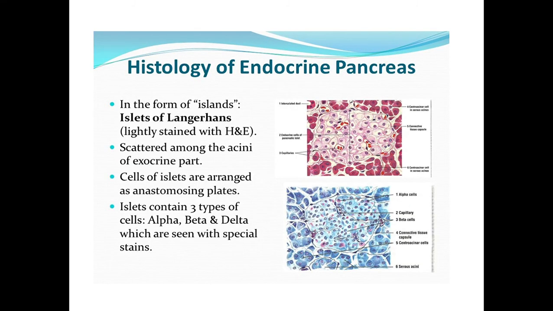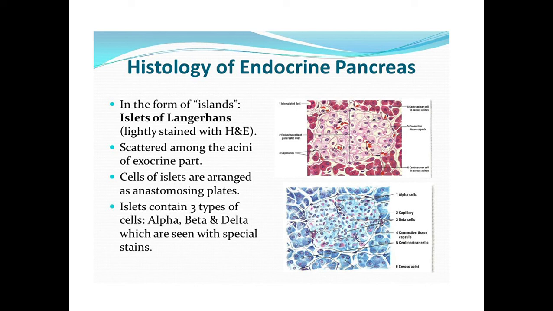The secretory portion of the endocrine pancreas is in the form of islands. So we have the islets of Langerhans, which are lightly stained using the hematoxylin and eosin stain, and they are scattered among the acini of the exocrine part.